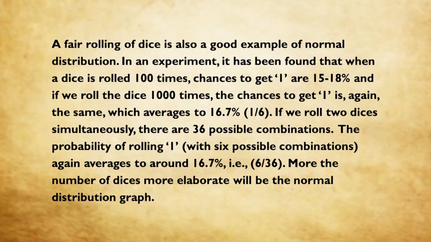Now, if you throw the die many times, there will be some number of times in which 1 will appear, some number of times in which 2 will appear, and so on. So we can construct a frequency distribution of that type. When we consider the frequency distribution and the corresponding histogram, we can see that the histogram will look like the histogram of a normal distribution, provided that the number of throws is large enough.